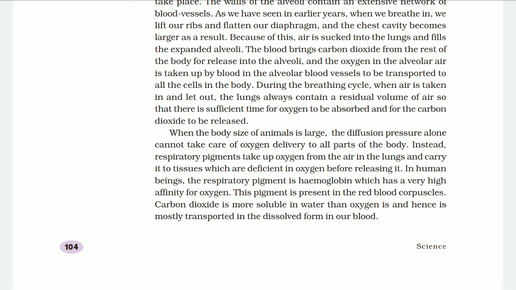This pigment is present in the red blood corpuscles. Carbon dioxide is more soluble in water than oxygen is and hence is mostly transported in dissolved form in our blood. So animals take in oxygen, and it is carried with the help of hemoglobin to all over their body.